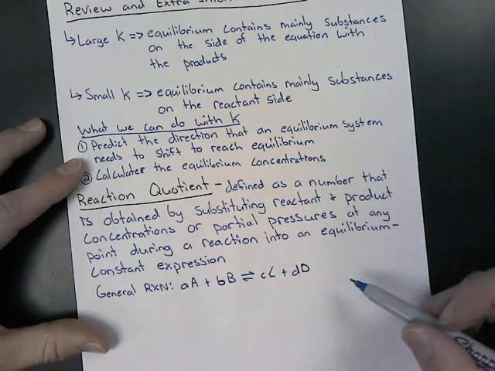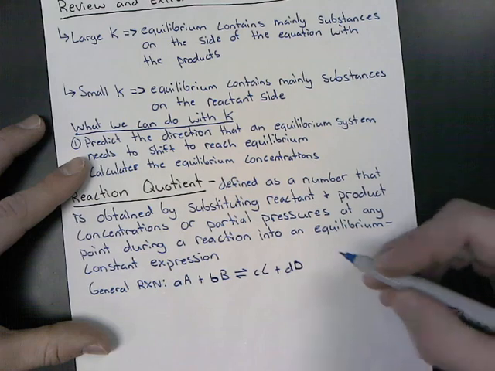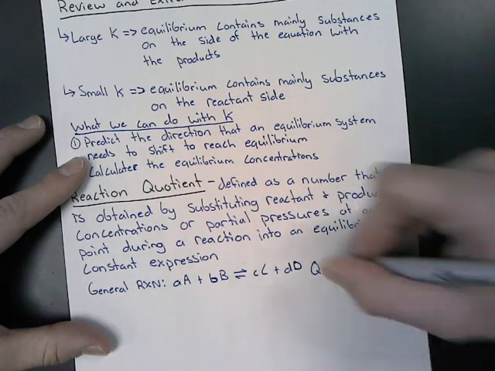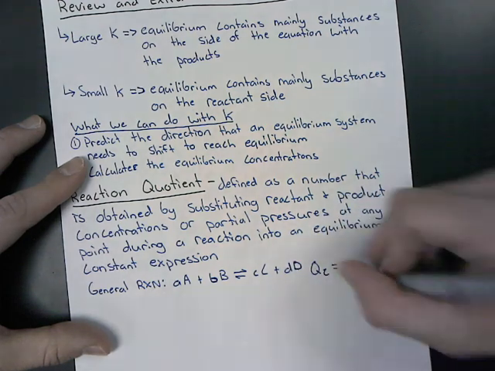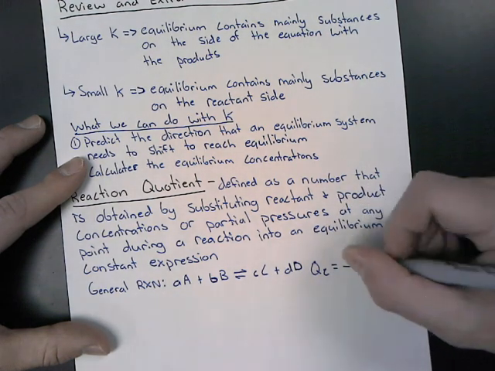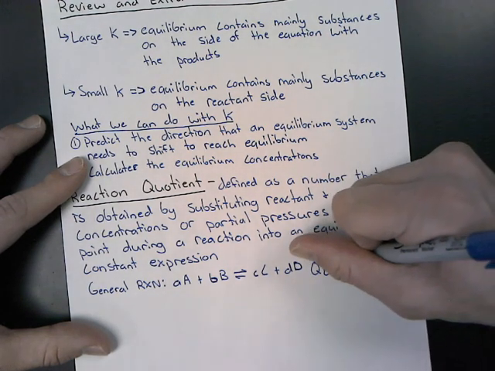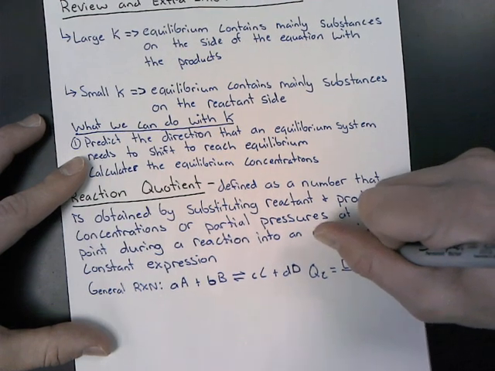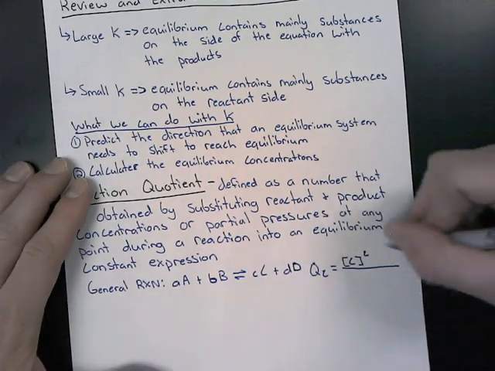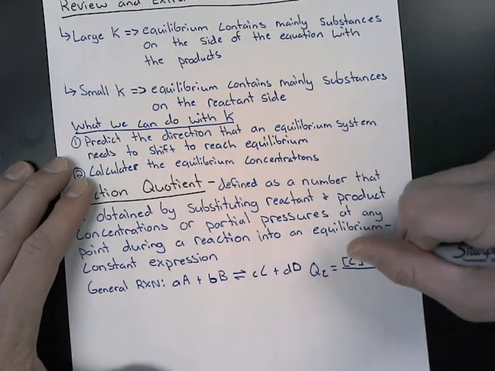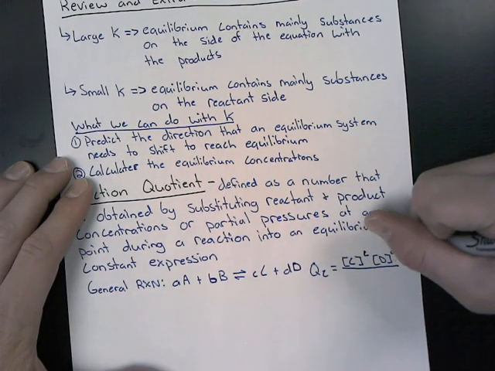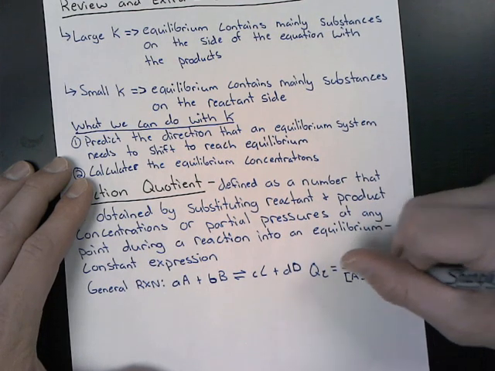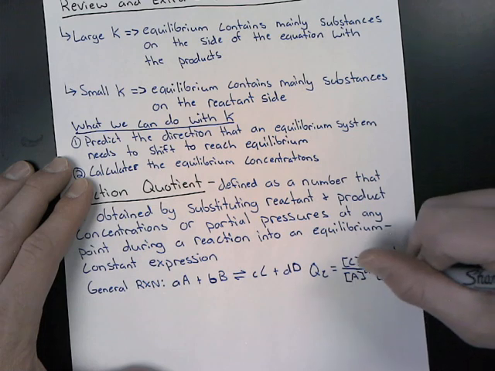Now, our reaction quotient out to the side here is just going to look like this. We're going to call it Qc, and just like the equilibrium constant expression, on top, we're going to put the concentration of the products, so C to that C coefficient, D to that D coefficient, and then on bottom, we are going to divide it by the reactants.